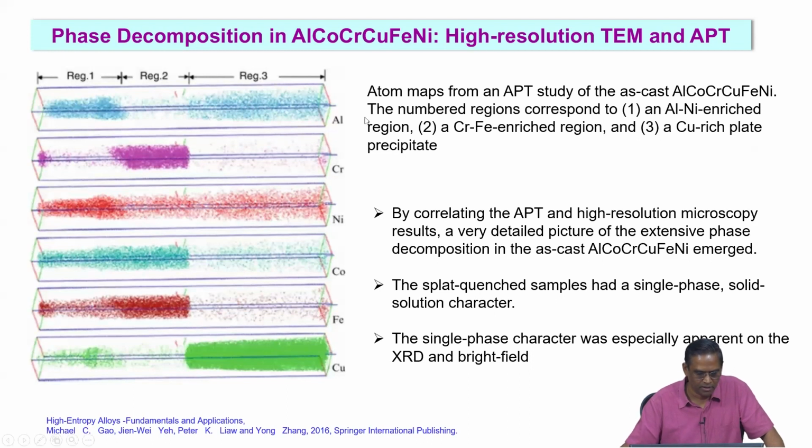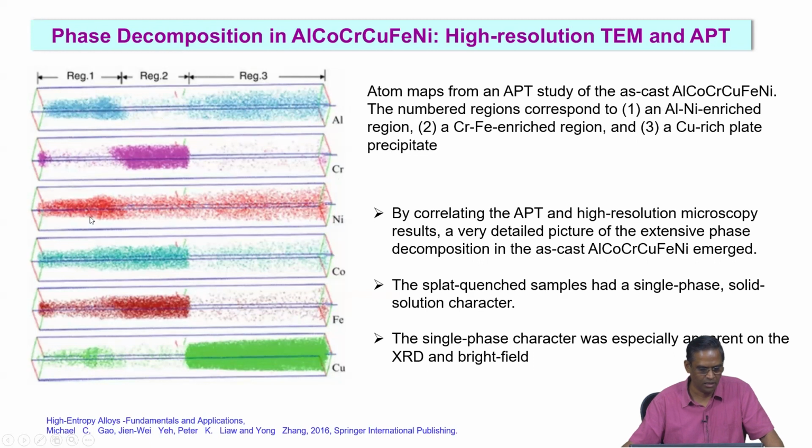So, what you see here are atom maps from the APT study of the as-cast aluminum, cobalt, chromium, copper, iron, nickel alloy. The numbered regions correspond to the aluminum nickel enriched region 1. So, aluminum is blue and nickel is orange.